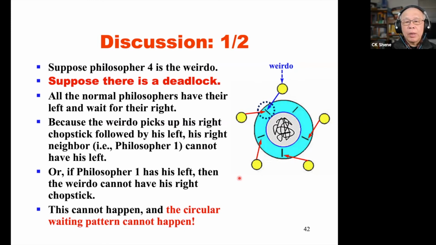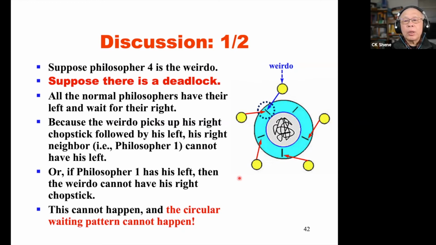So let's assume, always remember, normal philosophers pick up their left first, followed by their right. The weirdo picks up his right chopstick, followed by his left. Now, let's assume that there is a deadlock. Then everyone has something and is waiting for something else.